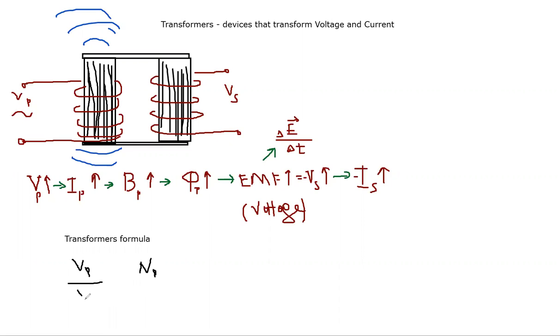And the voltage on the secondary coil will be proportional to the number of turns in the secondary coil. So this is the consequence of Faraday-Lenz law. And this will be equal. So that's basically our formula.